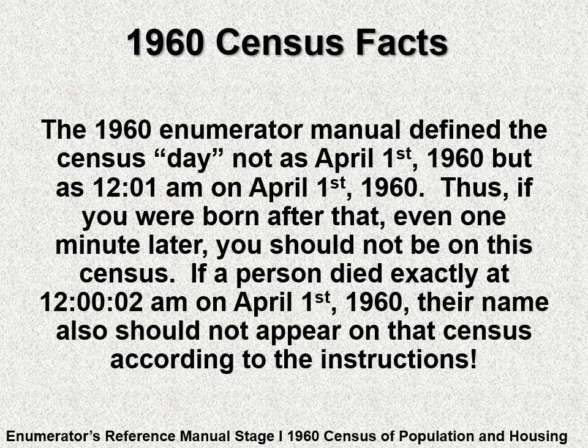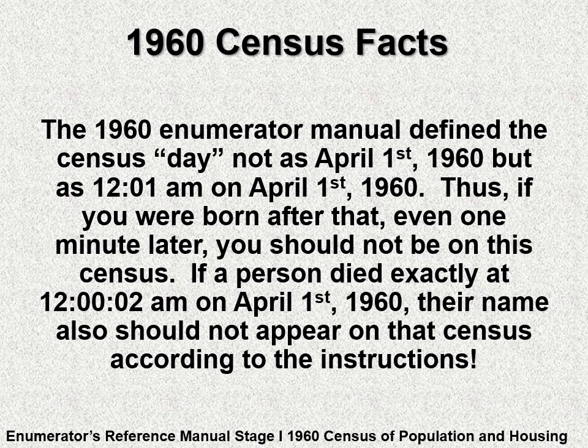So continuing my interesting facts, I found out according to the Enumerator Reference Manual that they define the census day not as April 1st, 1960, but as 12:01 a.m. on April 1st, 1960.